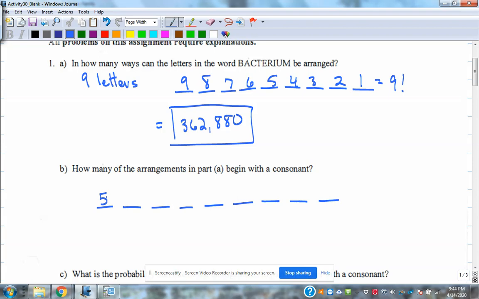If we choose one of those, how many choices are there for the second space? There are 8. 7 for the third, 6, 5, 4, 3, 2, 1. This is the same thing as 5 times 8 factorial.